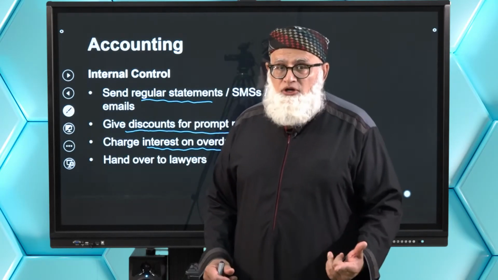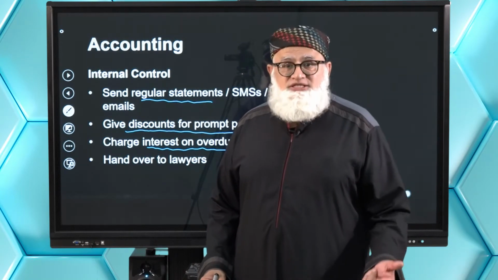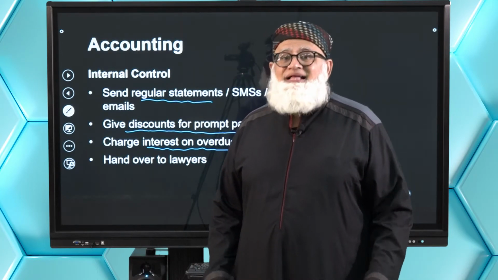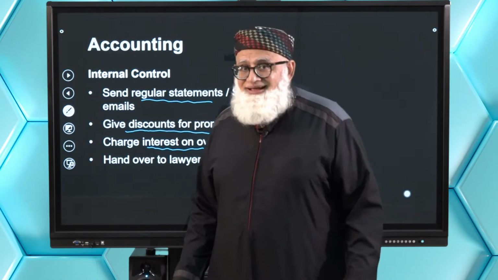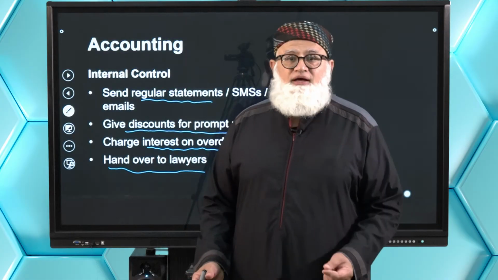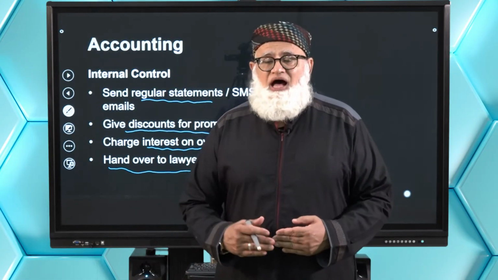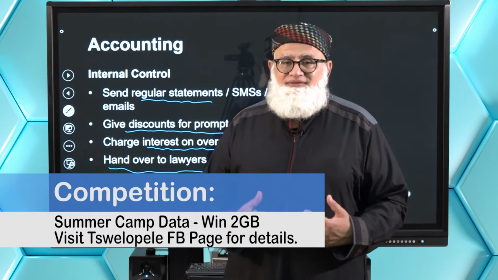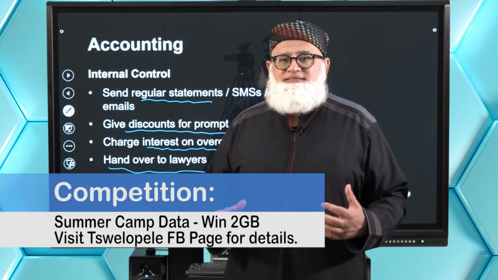If you do not settle your accounts on time, you will be charged interest on your overdue accounts. If all of that fails, then you have what is called a handover to lawyers. What does this mean? It means that you then hand over your debtor to a lawyer, and then legal steps are followed to try and recoup the debt from our debtors.